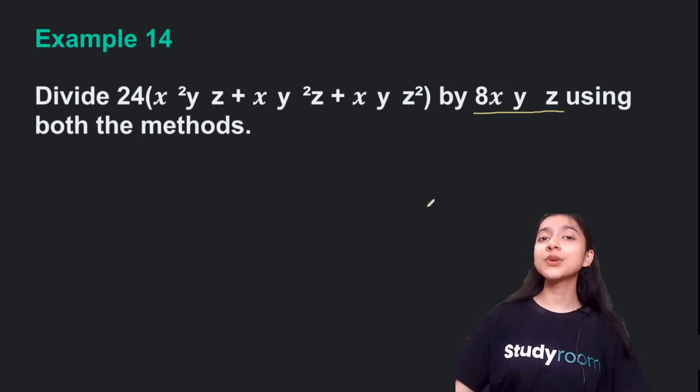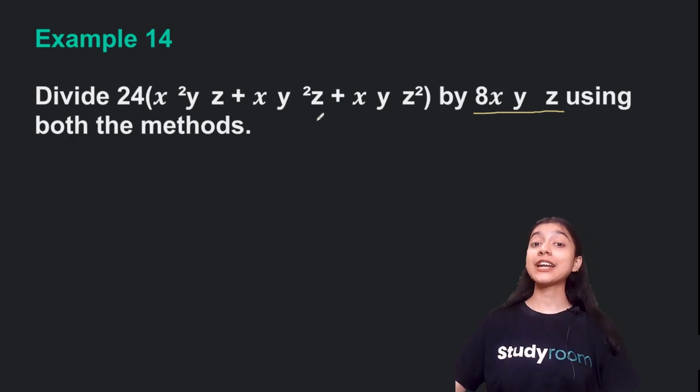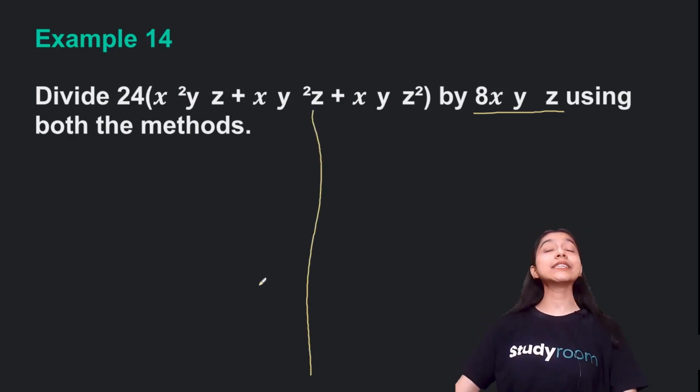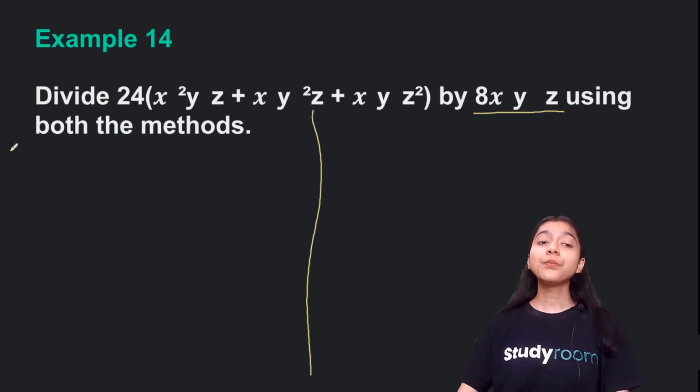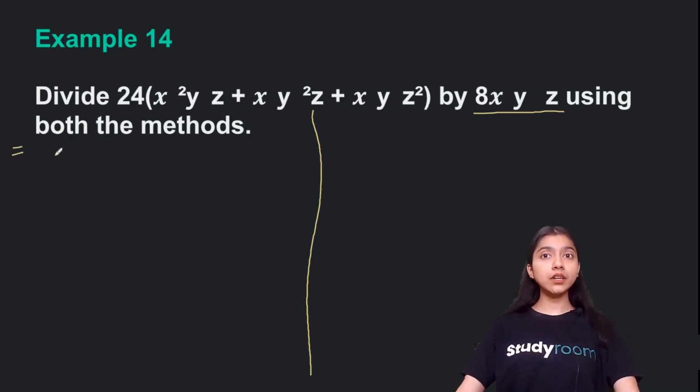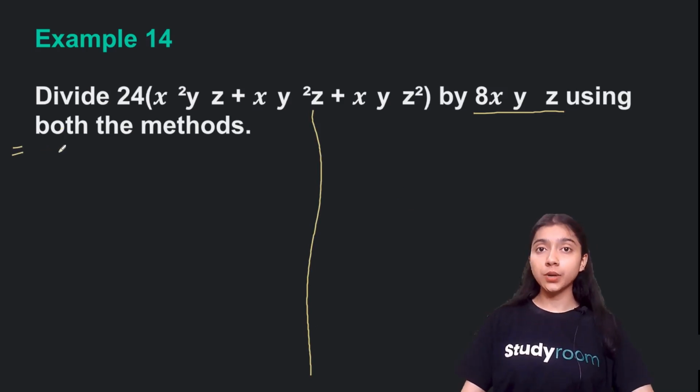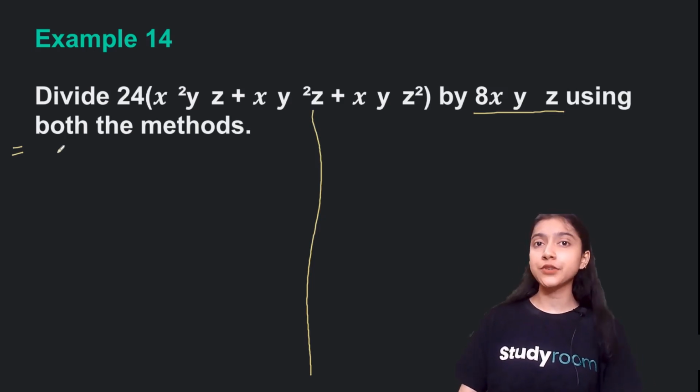You choose which one suits you the best, that means which one you find is easier. So the first method is separating each of the terms and using the monomial division method.